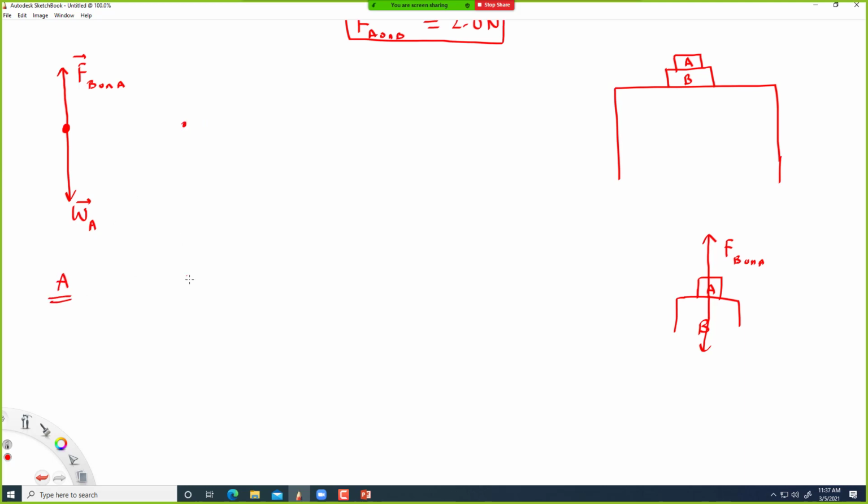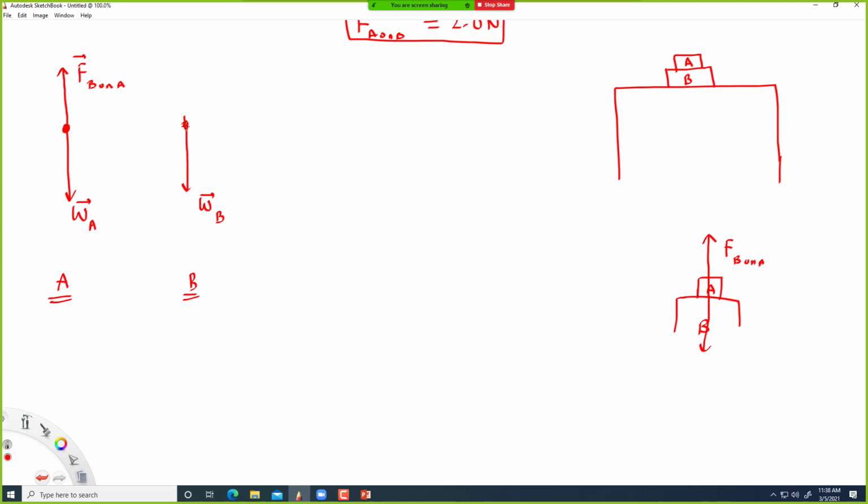For B, what forces do we have? We have weight, because it has mass, so weight of B. And B is on the table, so the weight of B is pushing the table down, and in turn, the table is also pushing block B up.